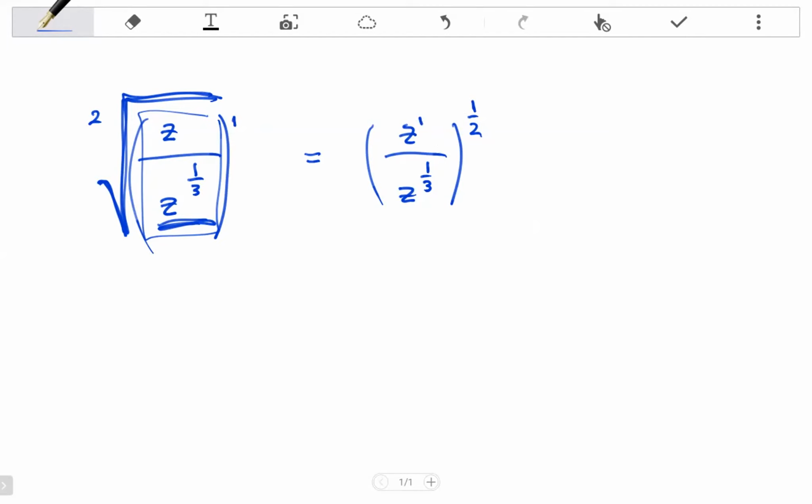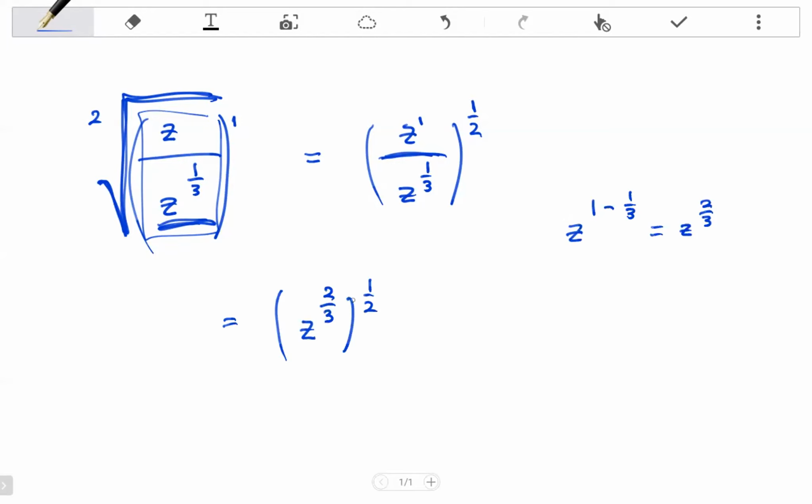And let's use our subtraction property. When something is dividing, what can we do? Remember? You can subtract the exponents. So z to the 1 minus 1/3. You're dividing, so it's going to be z to the 2/3. Okay, we simplified it a little bit more. Let's rewrite that: z to the 2/3, all to the 1/2.